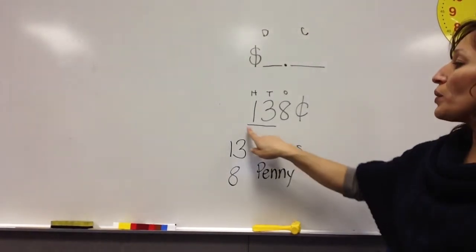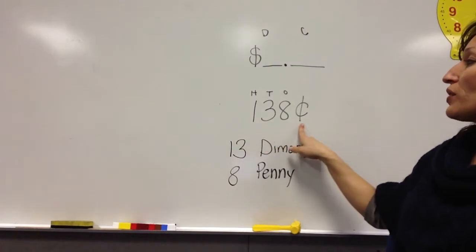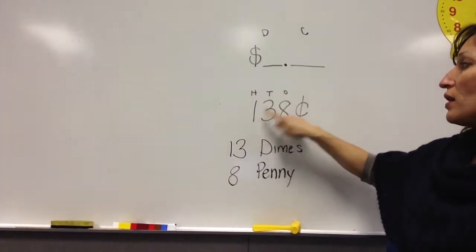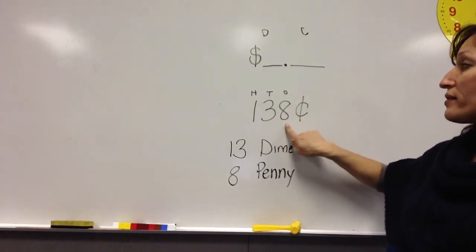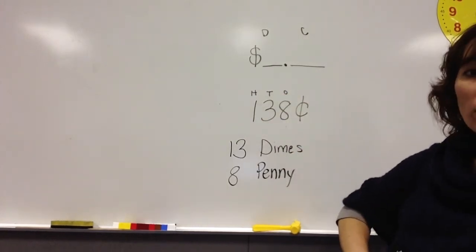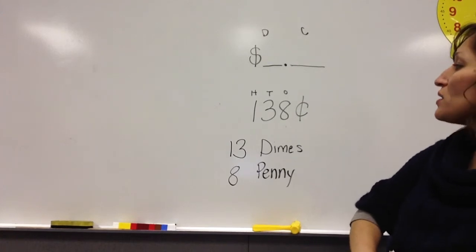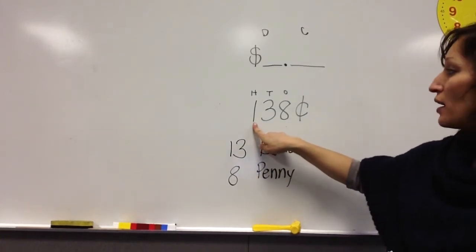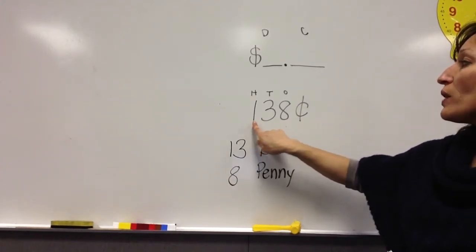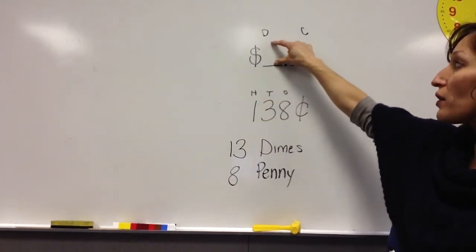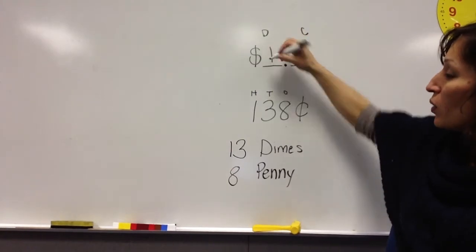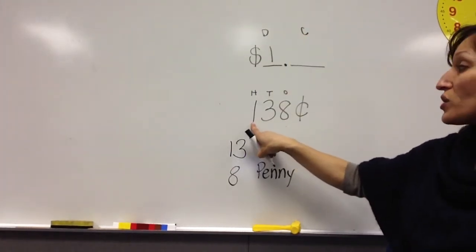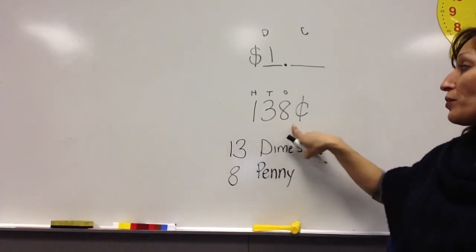So if we were to take this amount, 138 cents, and we thought about what we knew about hundreds, tens, and ones, we know that 100 pennies equals $1. So we can actually take this 1 and move it up here to the dollar spot. We have $1 because we have 100 pennies or 100 cents in this number.